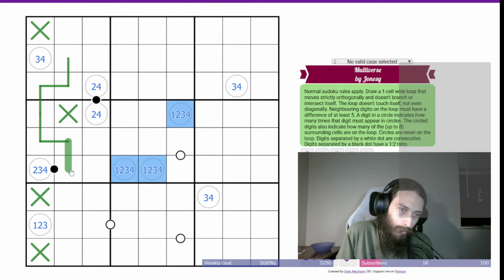If I go down, that would make this a 3. Unless I go down again to make it a 4. But only one of those 2 can be a 4.